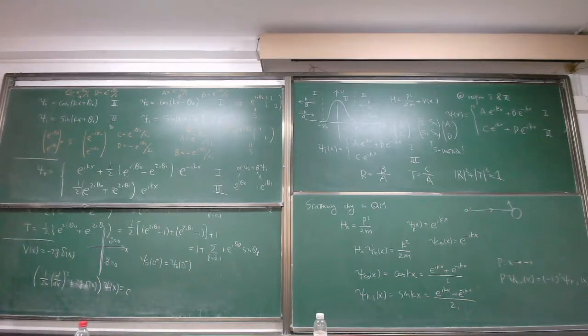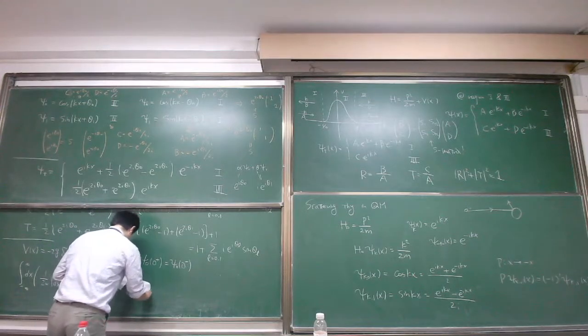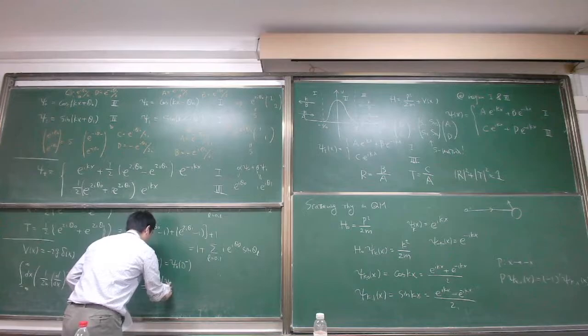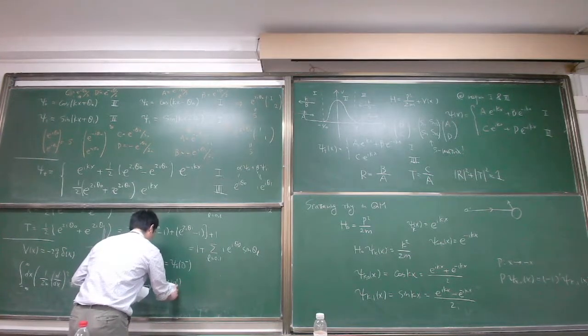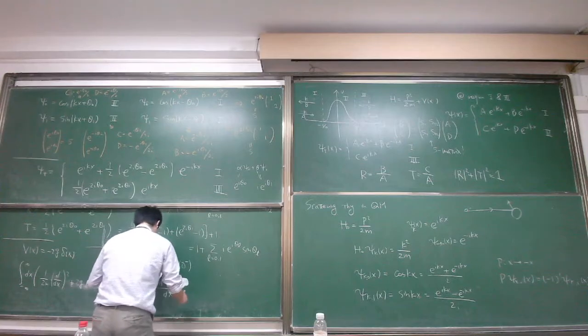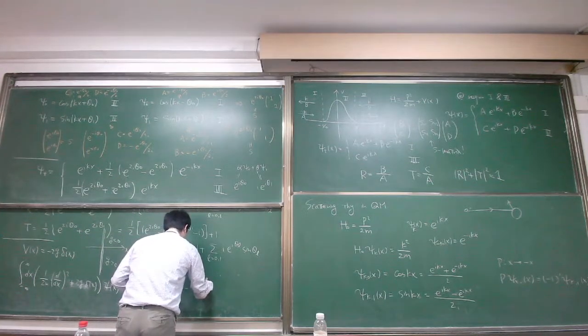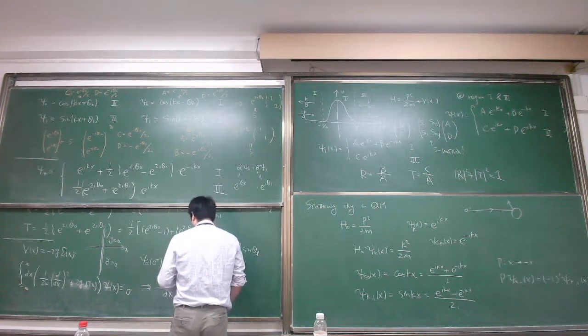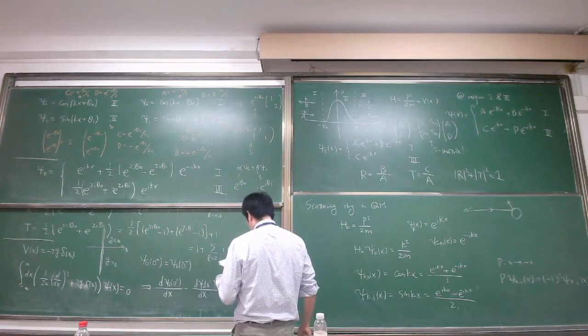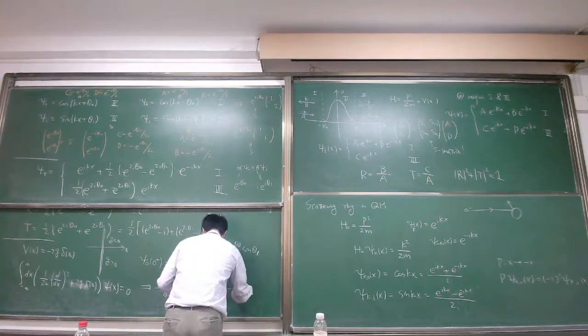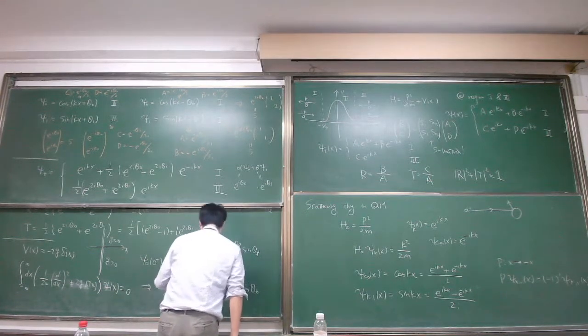So this is the Schrödinger equation, and then you just need to integrate over x from minus infinity to infinity. This will give you the condition on the derivative of psi naught, the difference between the two sides, equal to minus 2k.